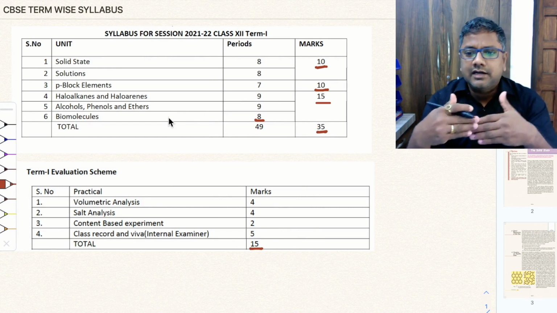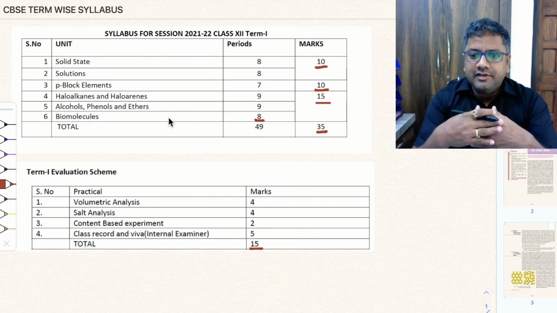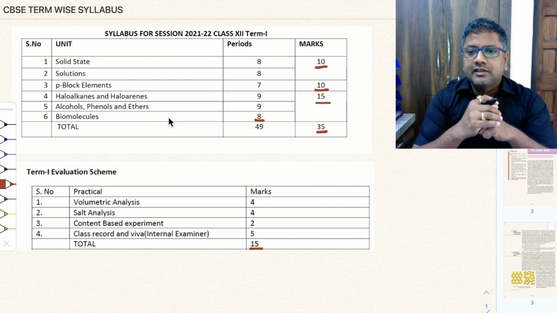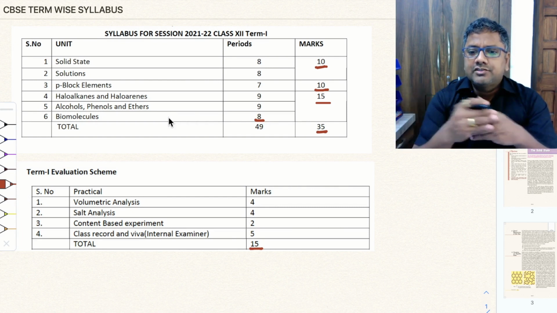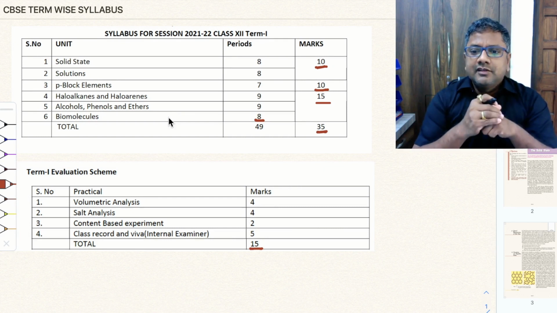Now I am going to explain chapter wise what content they have deleted from your syllabus. If you go through this complete demonstration, you will find that you have a very small portion, and it will hardly take 15 to 20 days to complete all these things.